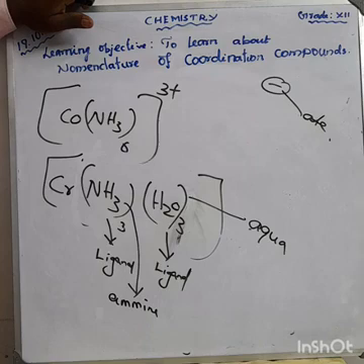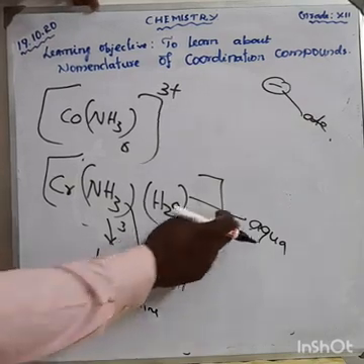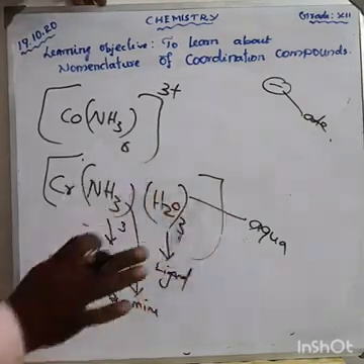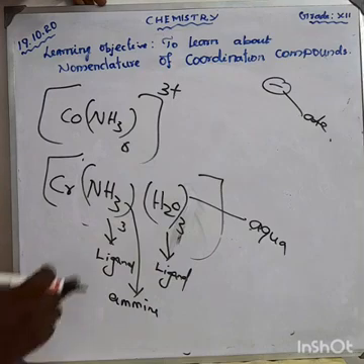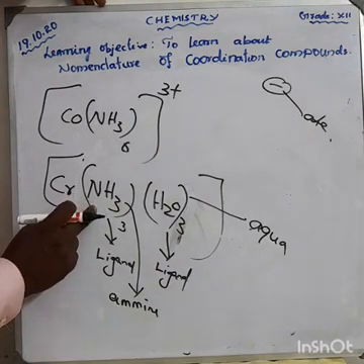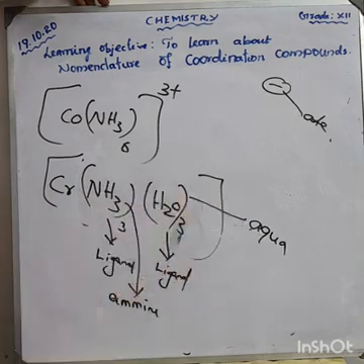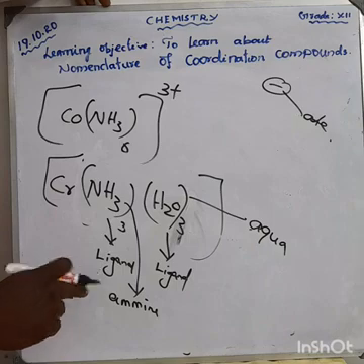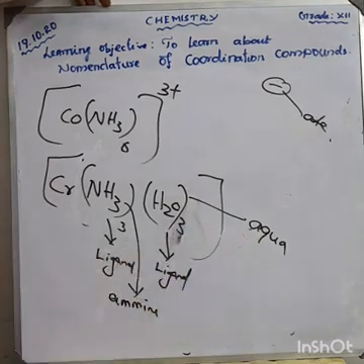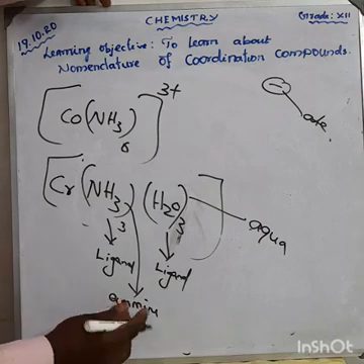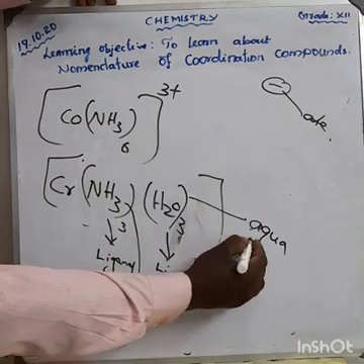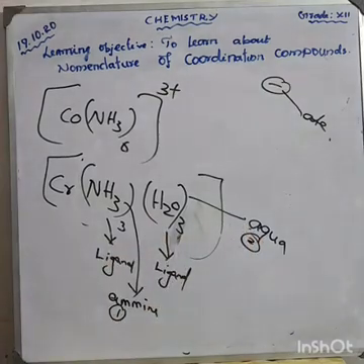As per the alphabetical order, which one is first? Both start with A. Ammine starts with A, aqua also starts with A. The second letters are M and Q. So the first priority goes to ammine, the second priority goes to aqua.